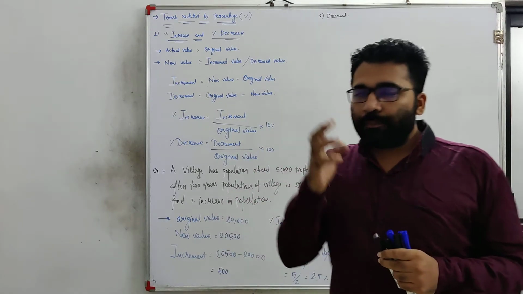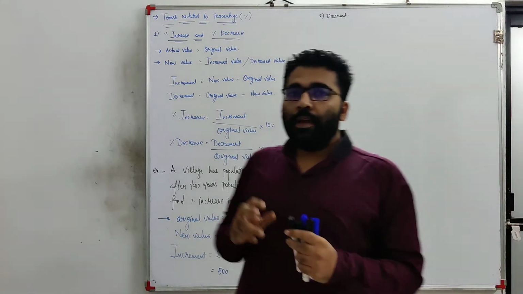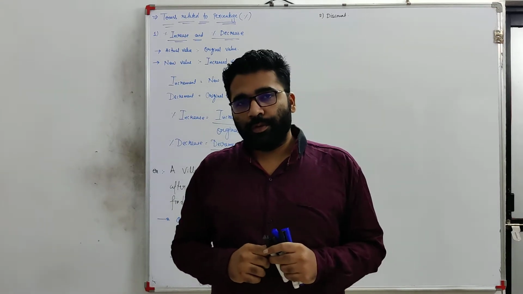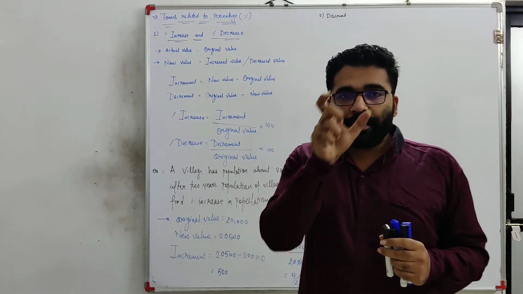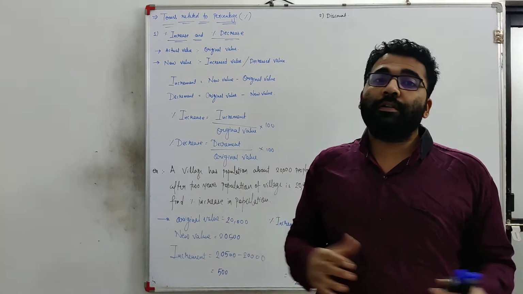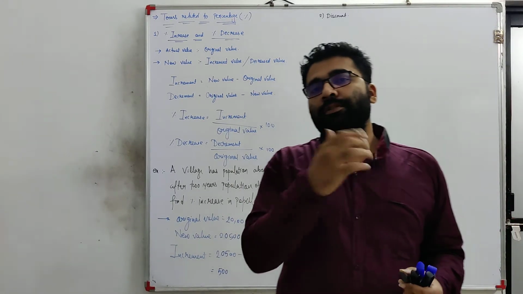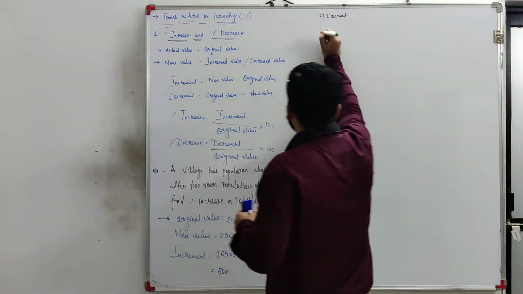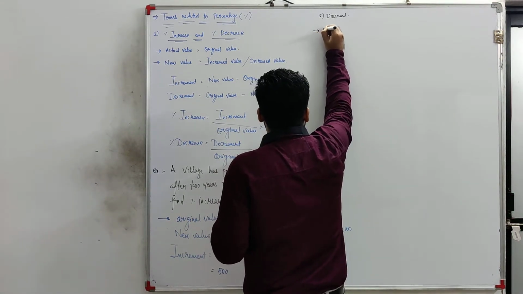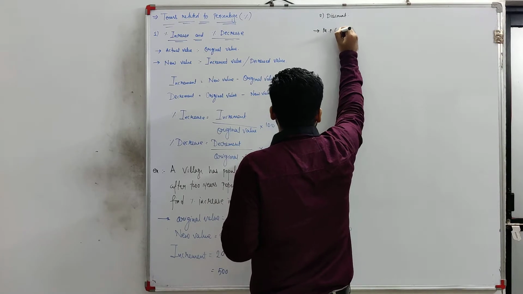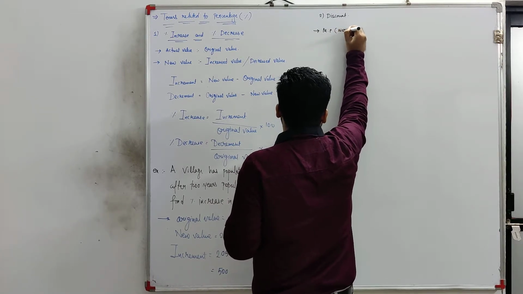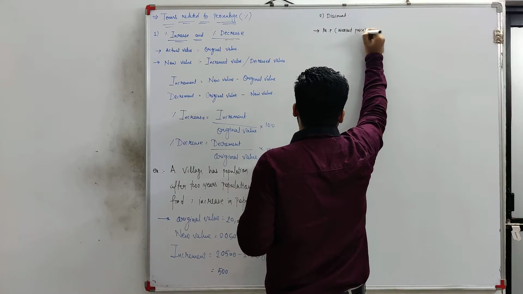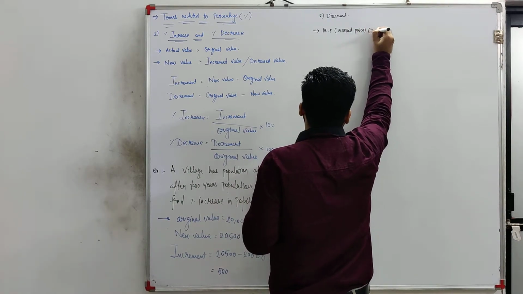Mark price, so before that, what is a mark price? Mark price is sometimes said as a tag price also. The price that is present on the label of your object or thing is called a mark price. So before the discount we have the mark price. Sometimes in some books it is also known as a tag price.